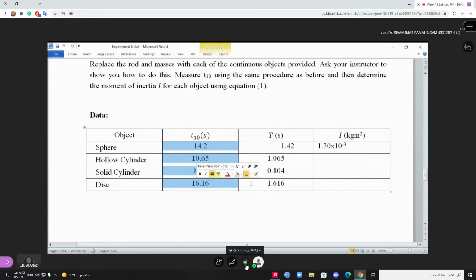Doctor, can you remove the box? Doctor, where can I find the I for the rod and masses? Copy this, I will tell you. Done.